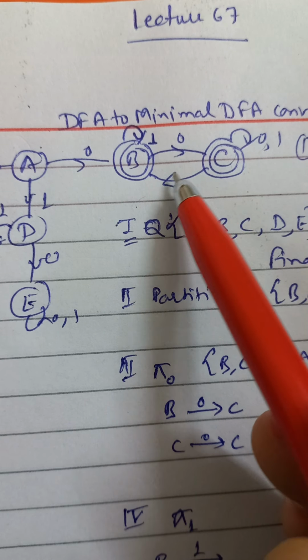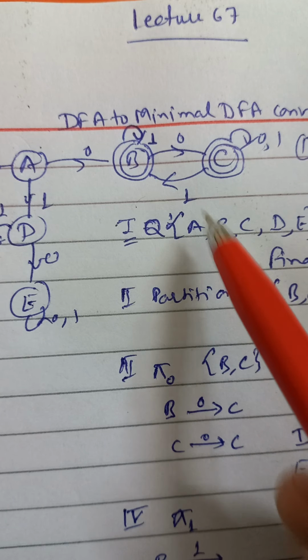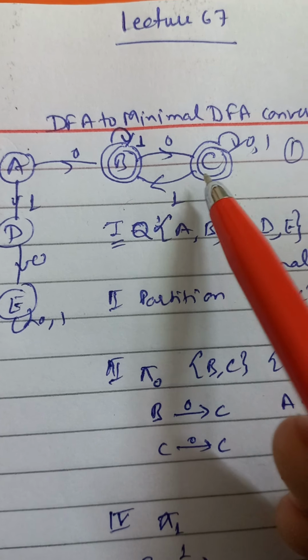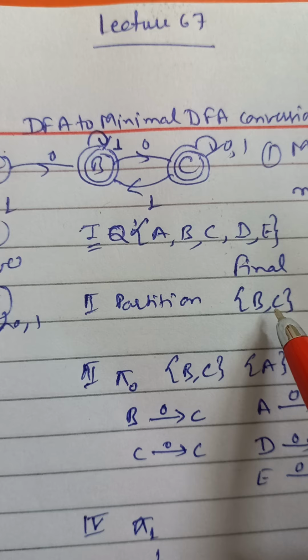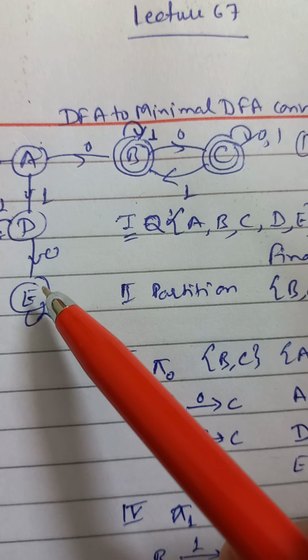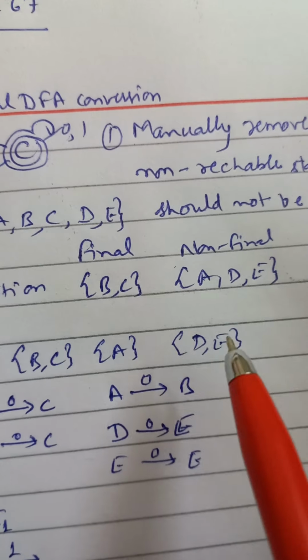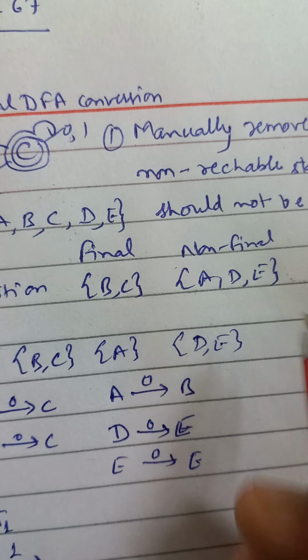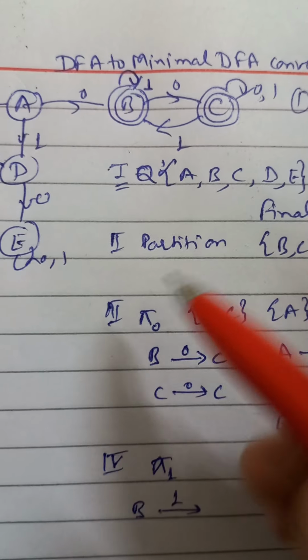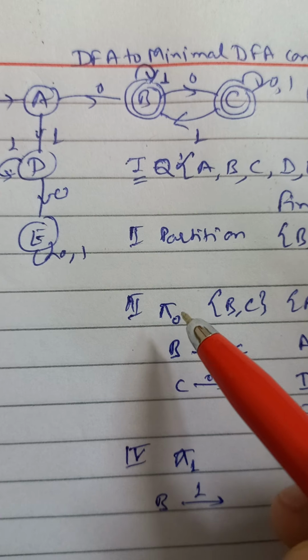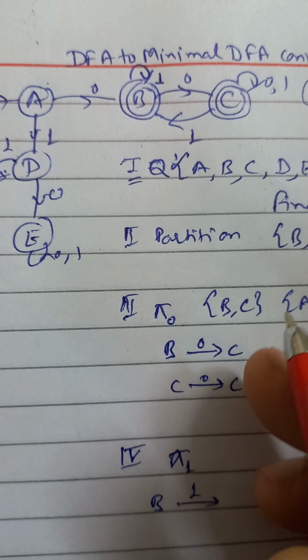So what are the final states? We will divide them into two groups, final and non-final. B and C are final states, so they are in one group, and A, D, E are non-final states, so they are in the second group. Now we will see the transitions for all states on 0.